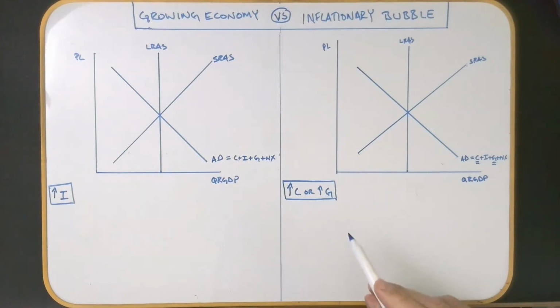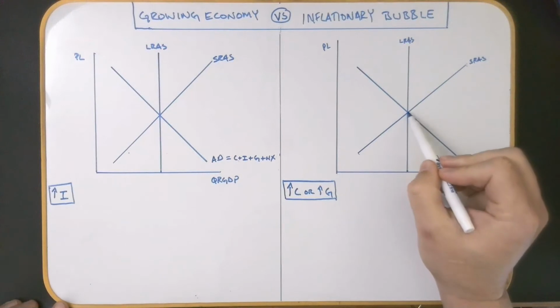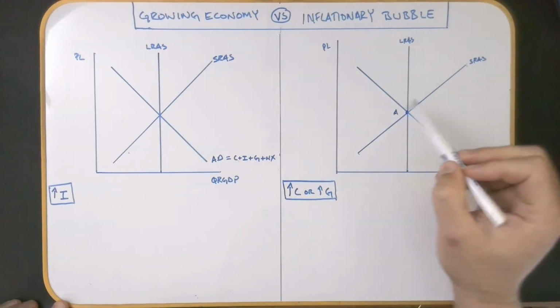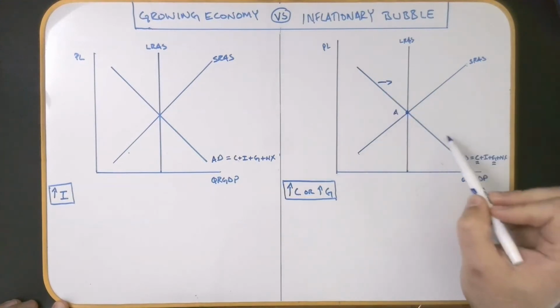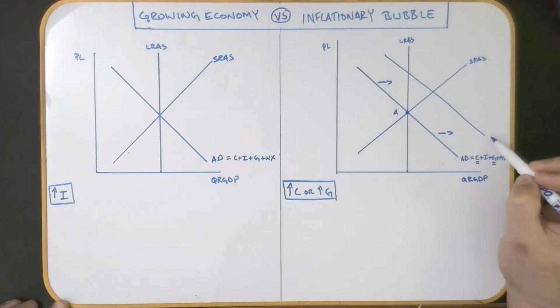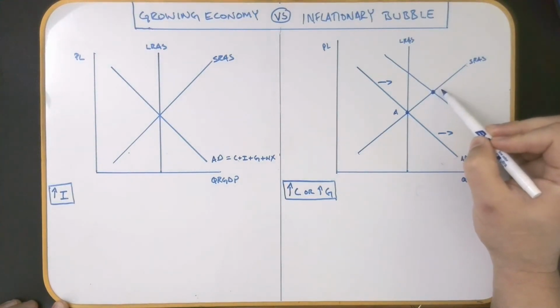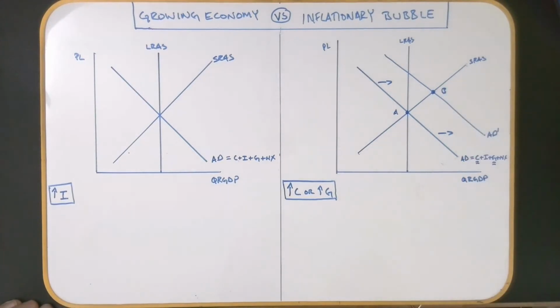There's an increase in consumption or government spending. That's a part of AD, and I'm going to call our initial value A. We have an increase in aggregate demand, which is not surprising, and we come over here and say there's AD prime. No big deal. Here is our new point of equilibrium, B. Now let's go over here.